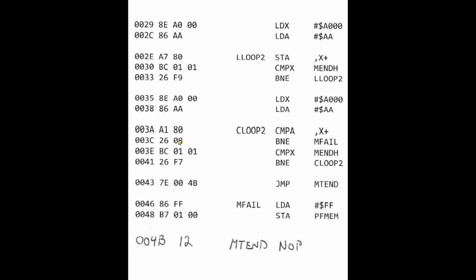Oh, I got ahead of myself. Okay, 1, 2, 3, 4, 5, 6, 7, 8, and the program counter will be right here at 86, which is M fail label. Fascinating. That is fascinating.